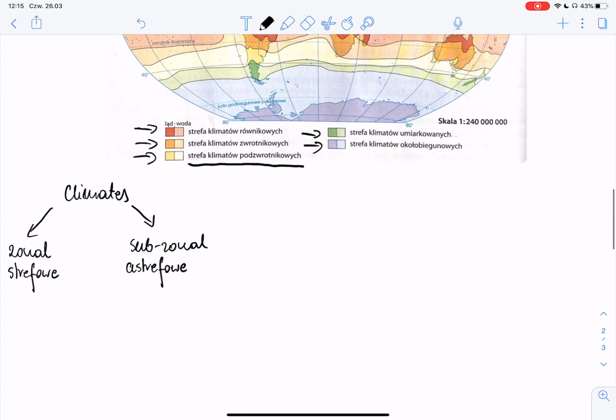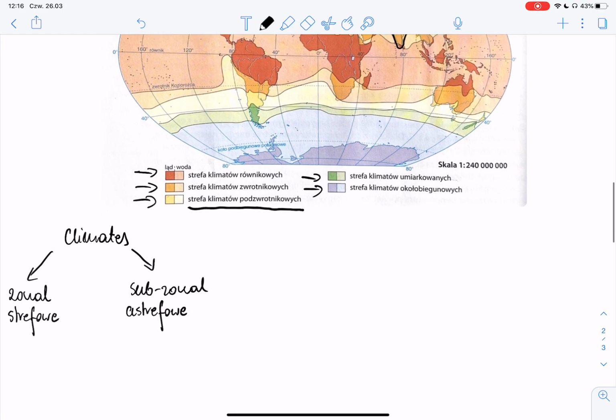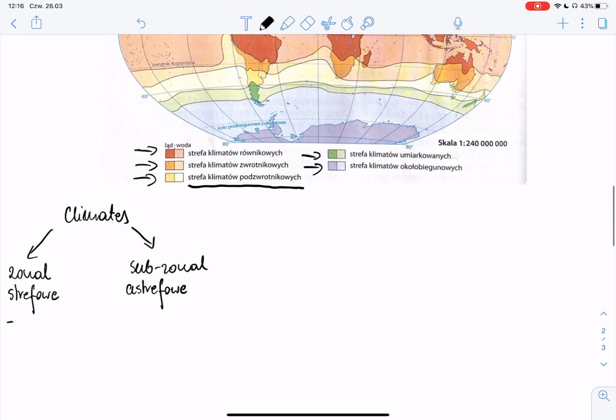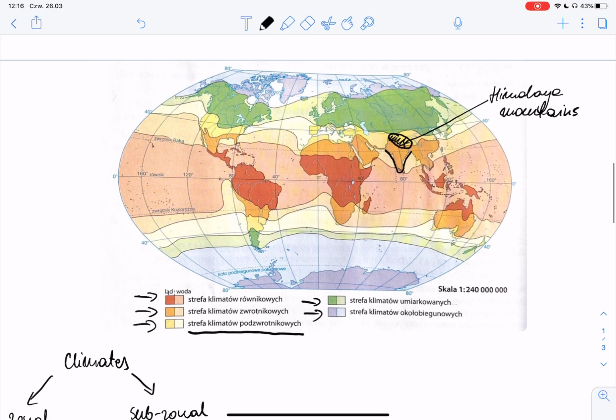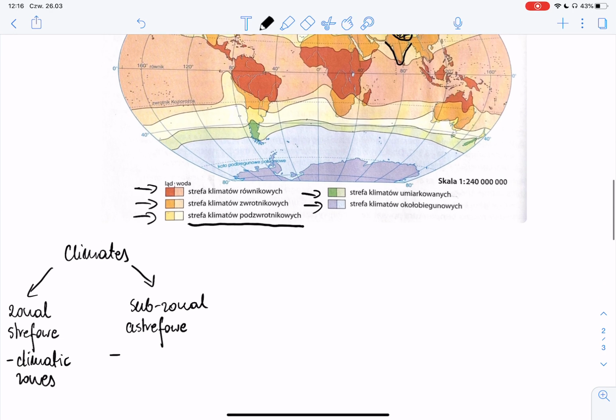And guys, zonal climates we will have in places at moderate, at low heights above sea level, and those are usually in the general climatic zones. If it comes to subzonal climates, then those are mostly mountain ranges.